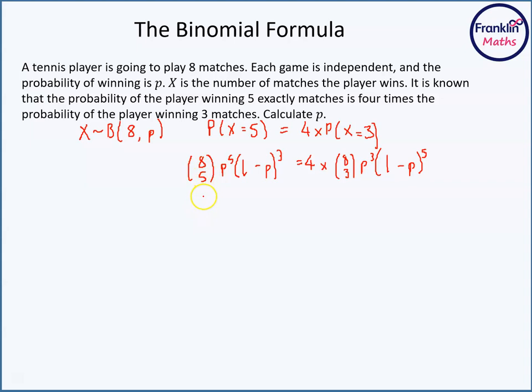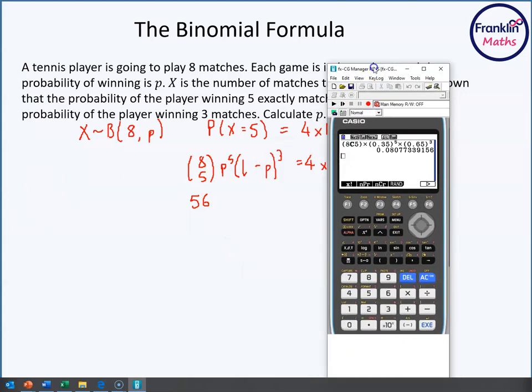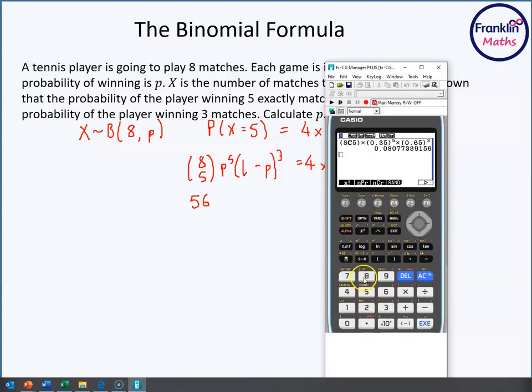8 choose 5. Grab a calculator. I get that as 56. Let me just double check it. Fairly sure it's right. 8 choose 5, there we go. I may as well calculate 8 choose 3 on here. 8 choose 3, which is 56 as well.